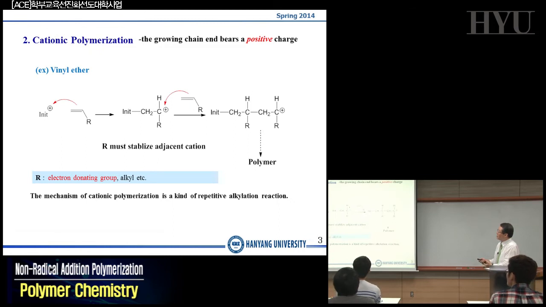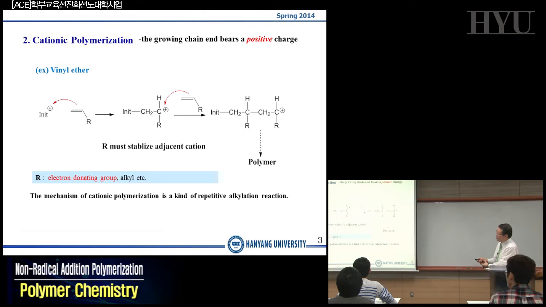Whereas in the case of cation polymerization, we should have an electron donating group, such as an alkyl group. If you have a methyl, then it's a weakly electron donating group. So the electron density of this vinyl group is a little richer, so that it will attack as something like a nucleophile.